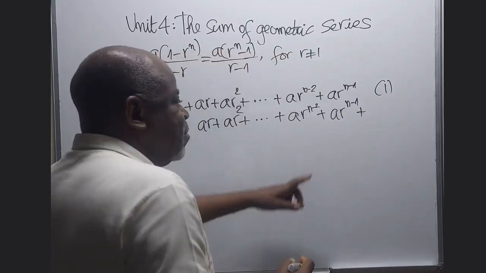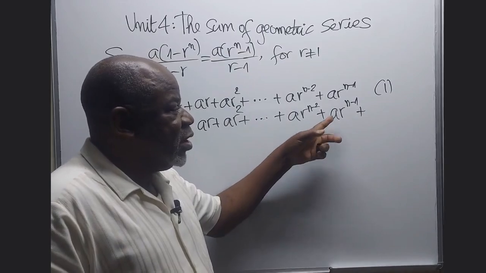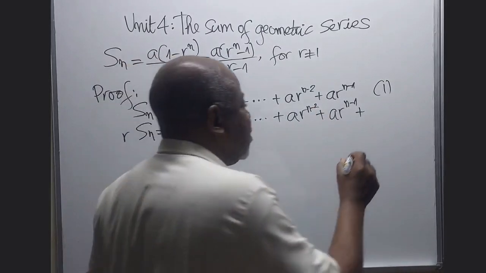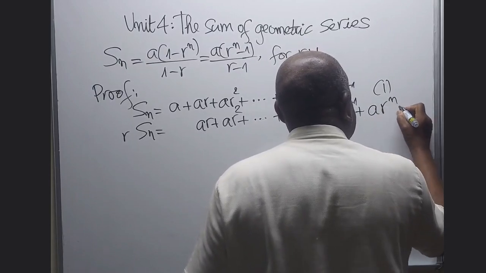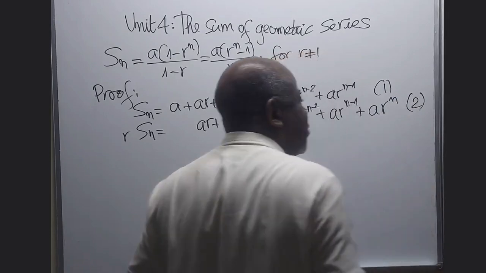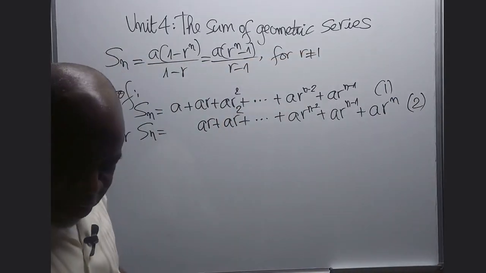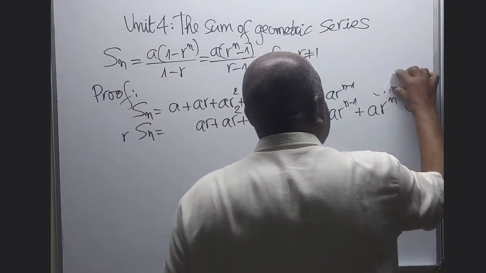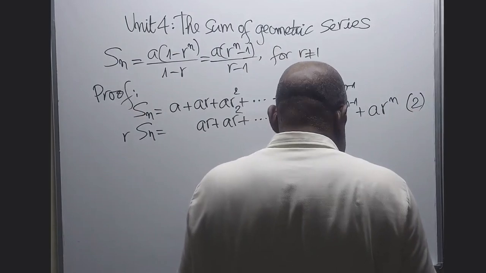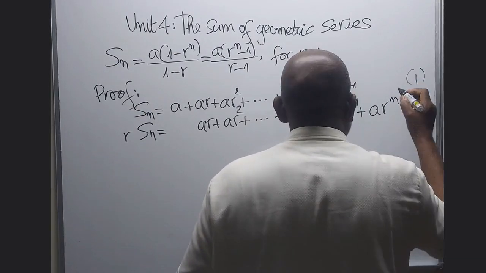And the last one, when I multiply by the common ratio, I'll get a times r to the power of n. This is the second sum, multiplying the first one by the common ratio. So this is equation 2.